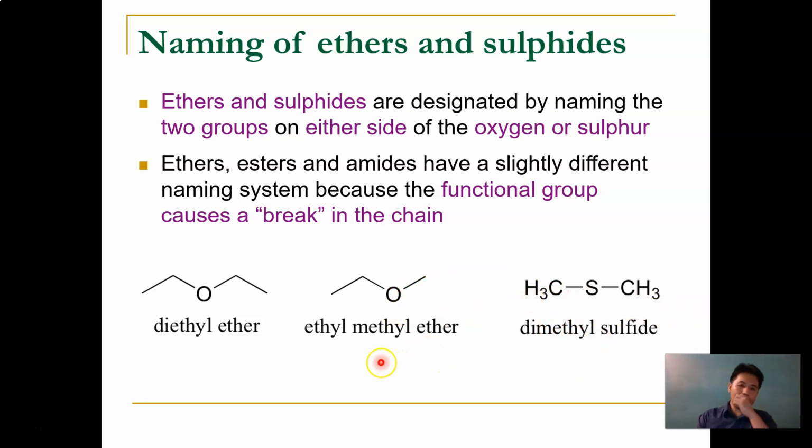So what this tells us is that if you want to determine a parent chain, you cannot count past the oxygen like that. So this one causes a break. And if you want to know which is the parent chain in an ether or sulfide, it depends on which side has the longer chain, but you cannot count past the oxygen because it causes a break in the chain.